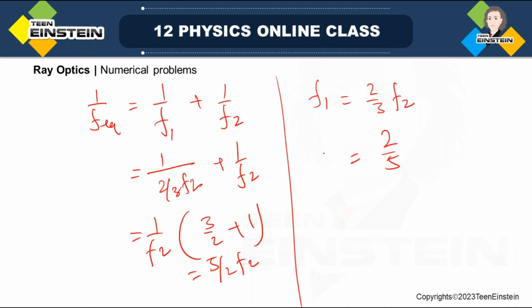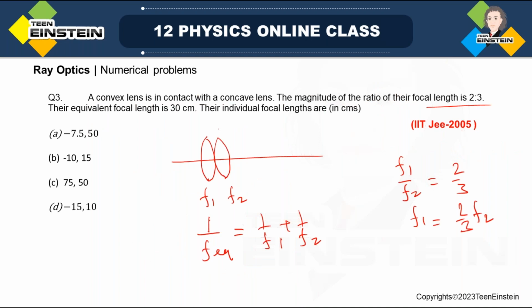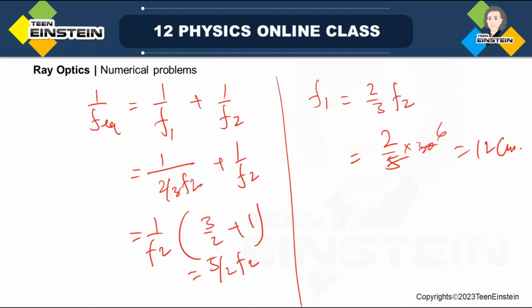F equivalent is 30 centimeter, I hope. So their individual focal lengths we have to find out.